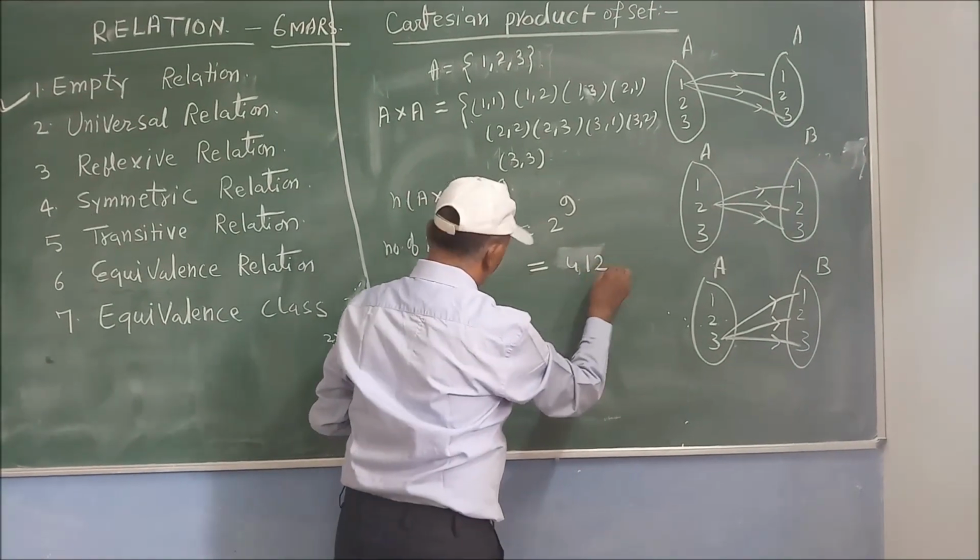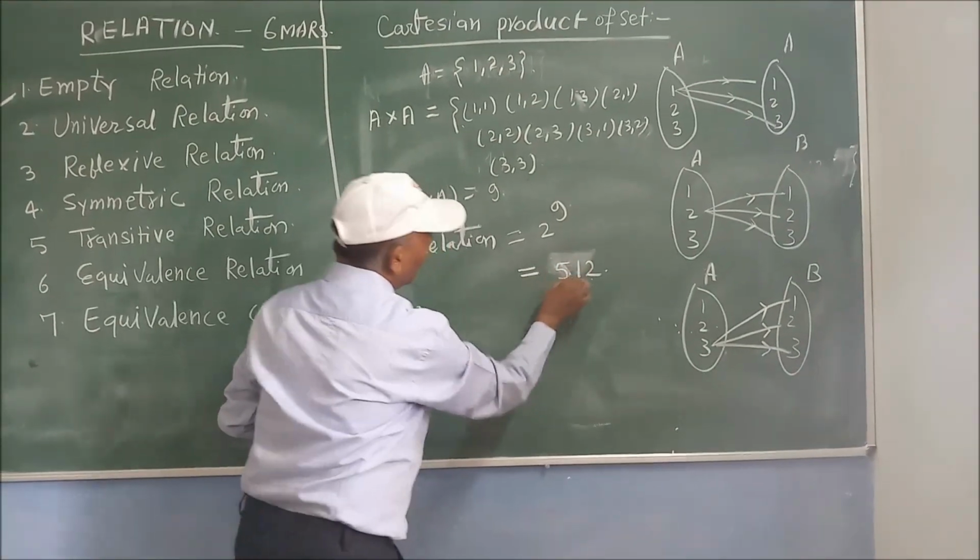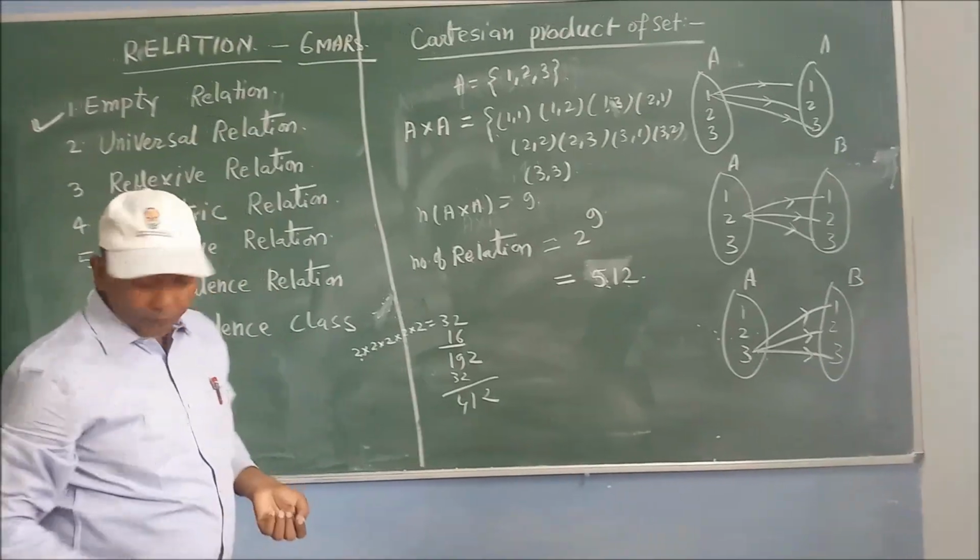So we can prepare a total number of relations of 512. Total number of relations will be 512.